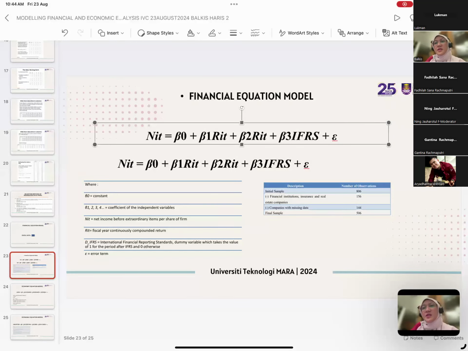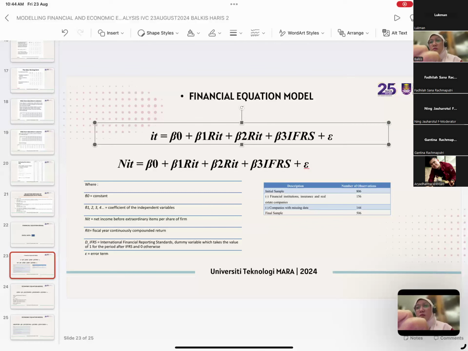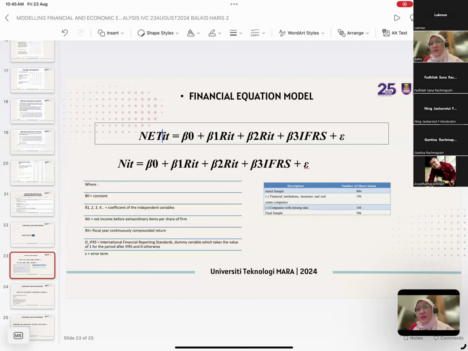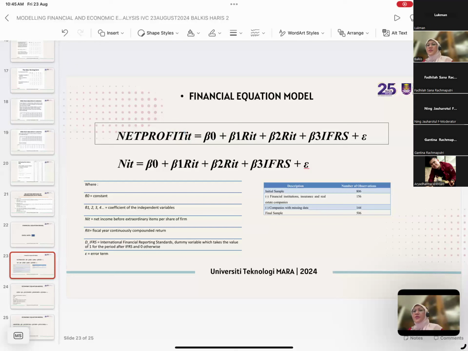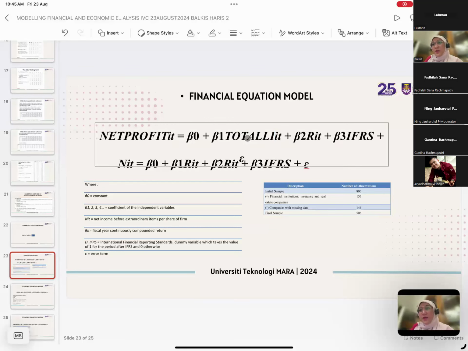Let's say we want to measure the company performance, like net profit. Net profit of the company depends on the liability, or total liabilities, or total debt.